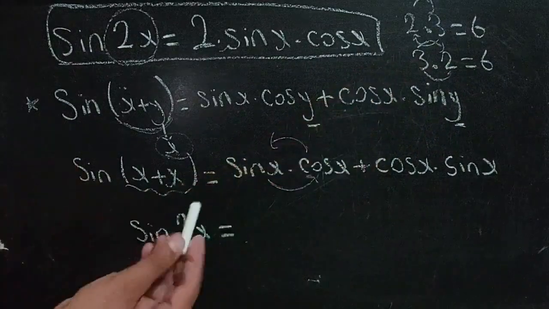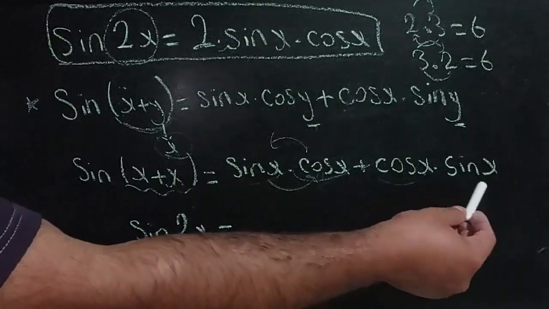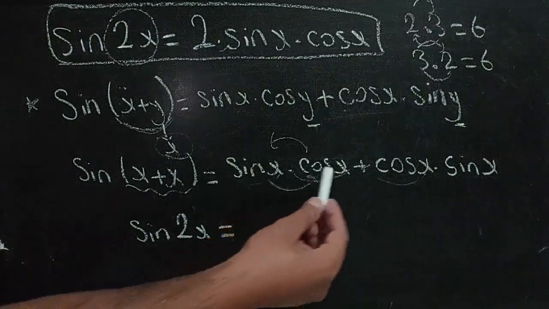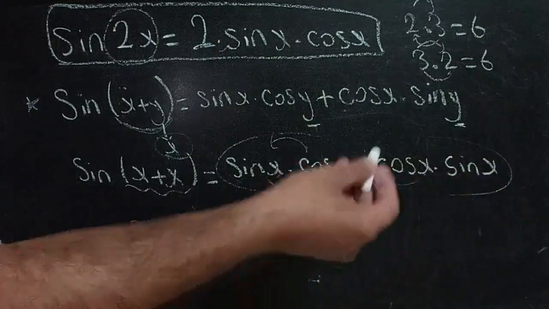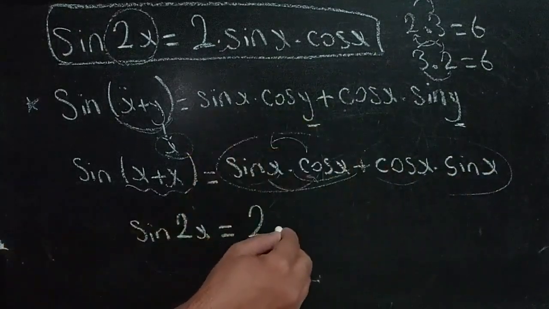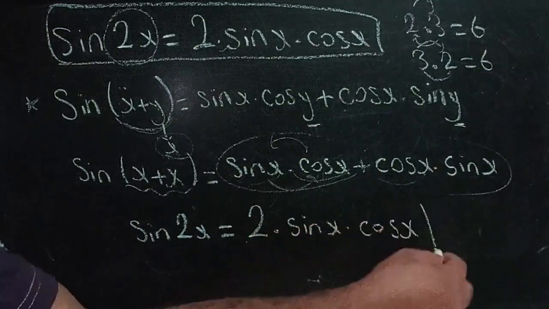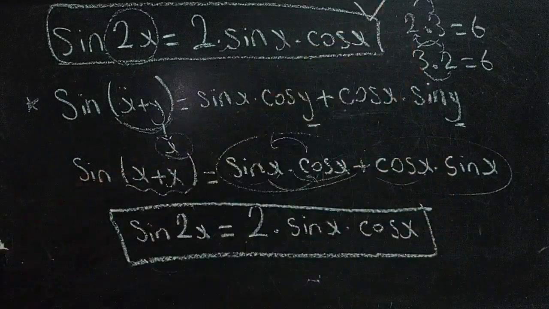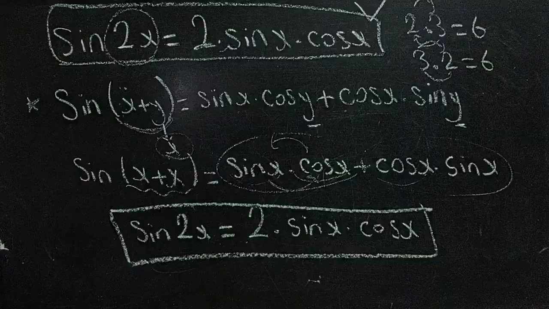Right now, that means the sinus x times cosinus x and cosinus x times sinus x are the same thing. So how many sinus x times cosinus x do I have there? 1 and 2. I add them up. That will be 2 times sinus x times cosinus x, which is this formula. That was the first proof. Let's pass to our next proof.